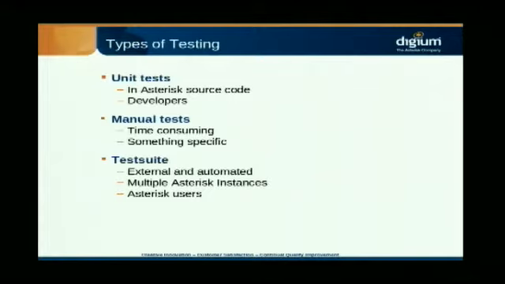You might do it for the first 4 or 5 times and be like, yeah, I'm really into this. The 7th time, things slip, you forget, you take shortcuts. It's not always 100% path. And then there's the Testsuite that we're talking about now. It's external, it's automated, multiple Asterisk instances. I think there's a couple that are 3 instances of Asterisk, and they're transferring calls between them.